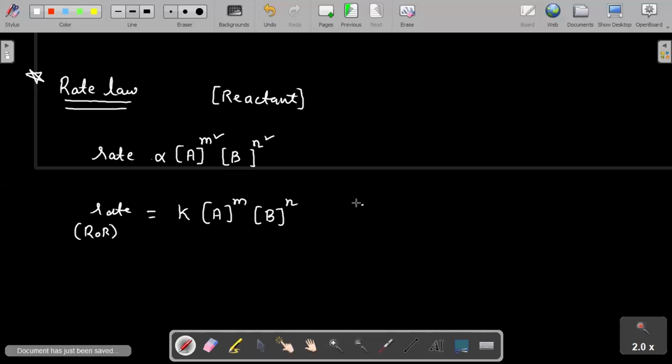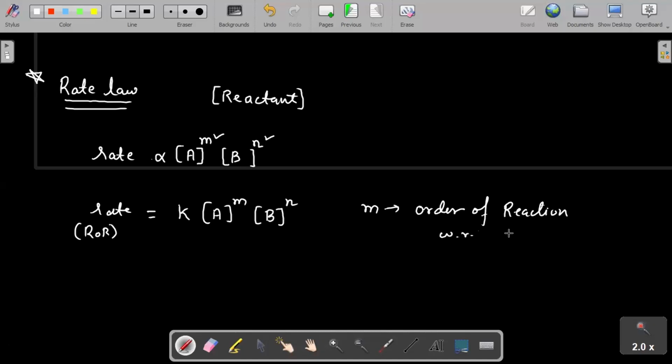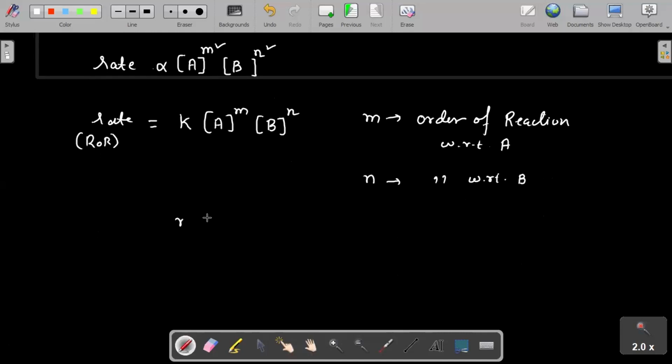These are known as the order of reaction. m is the order of reaction with respect to A, and n is the order of reaction with respect to B. If we add them, m plus n gives me the order of reaction.